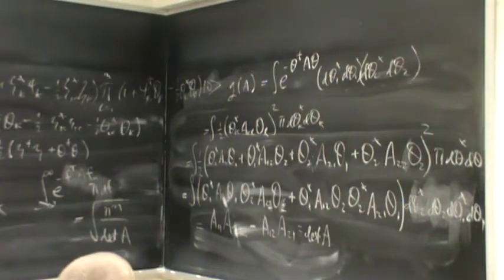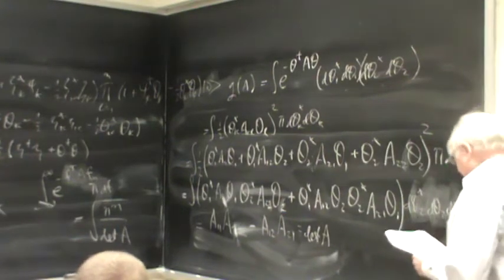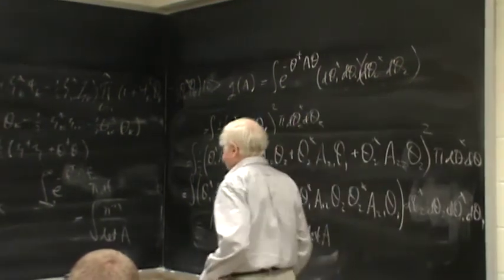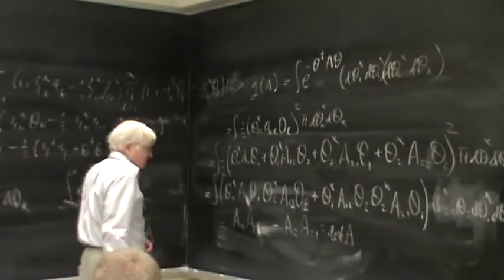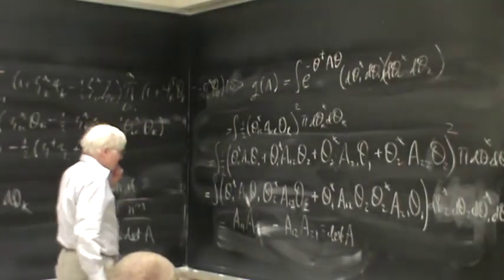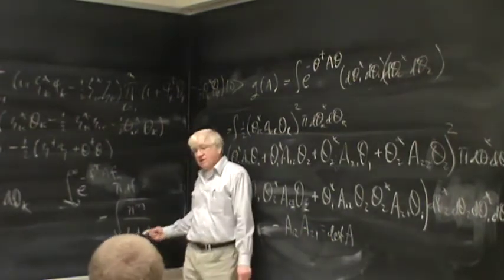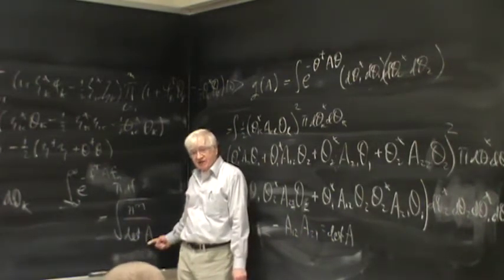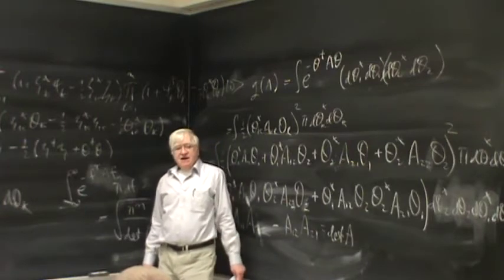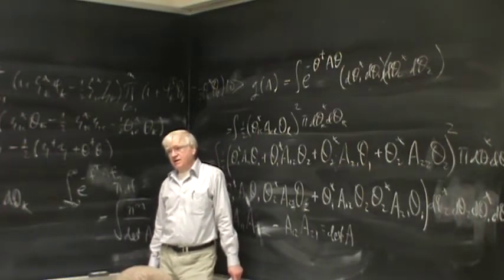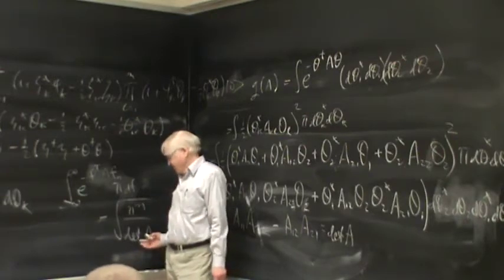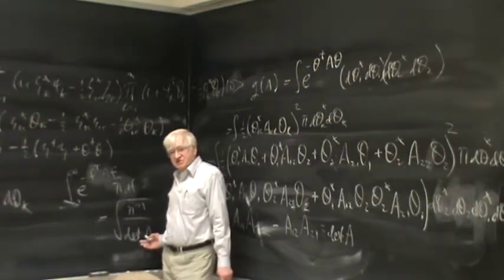All right, so that's a very important Gaussian integral, and notice what's going on here. The fermionic one gives you determinant of A. The bosonic one gives you 1 over determinant of A. One way of looking at quantum field theory is that this is where the worst divergences come from.